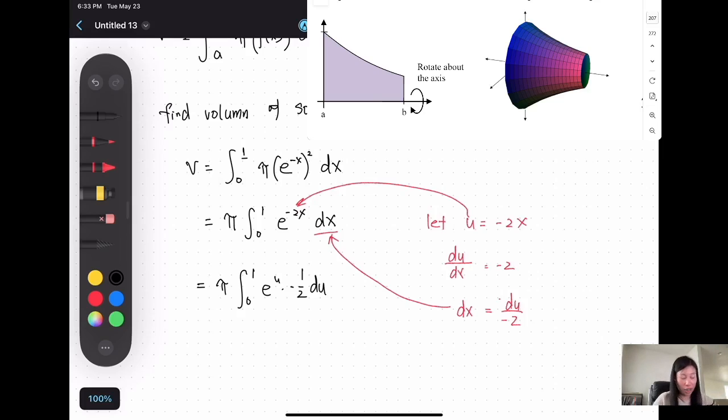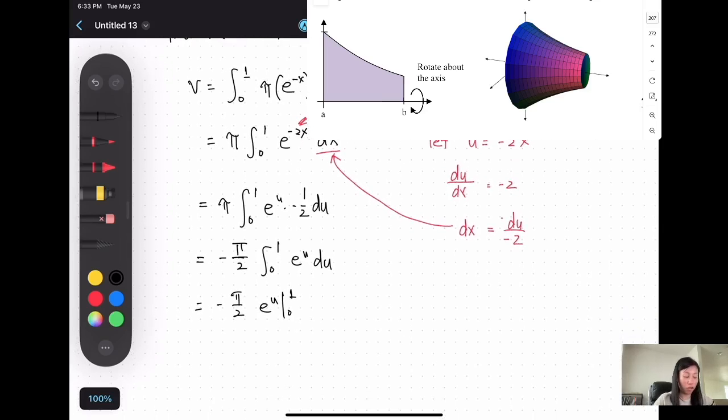Again, I can pull the negative 1/2 out, so I got negative pi over 2 from 1 to 0 of e to the u power du. So this equals negative pi over 2 e^u from 0 to 1.